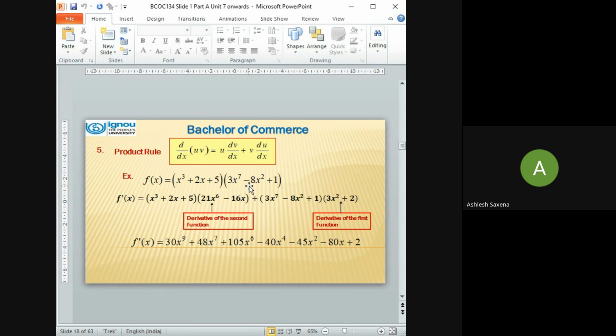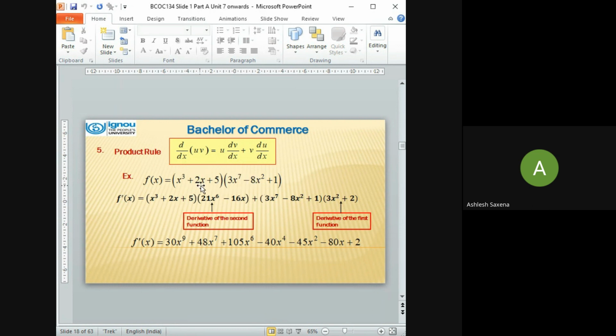Your f(x) is (x cube plus 2x plus 5) into (3x power 7 minus 8x squared plus 1). What does this method say? These two brackets are in product. So take this as u and take this as v.